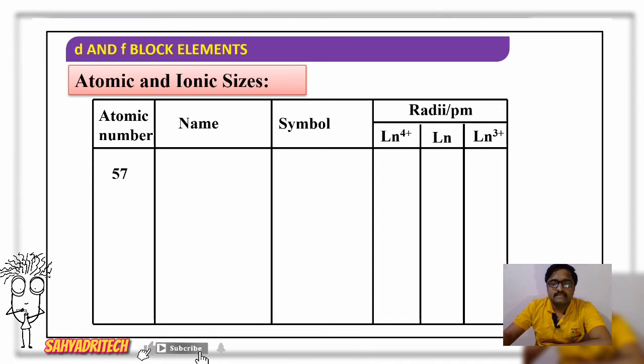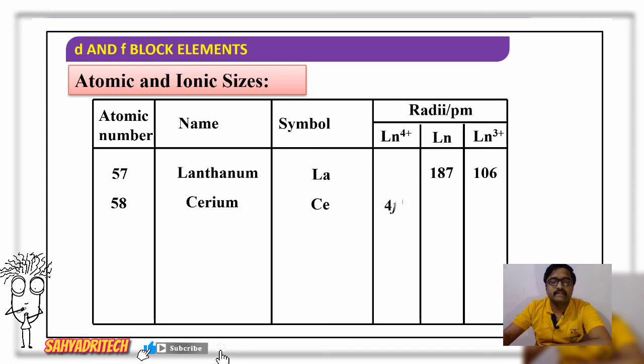Atomic number 57, lanthanum, La is the symbol, and its atomic size is 187 picometer. This indicates the elemental state. And what about ionic radii? It shows the +3 oxidation state as common, and for lanthanum in the +3 state, the ionic radius is 106 picometer.